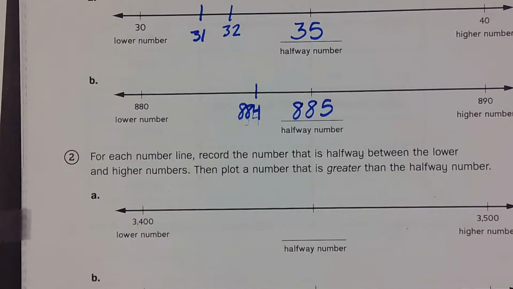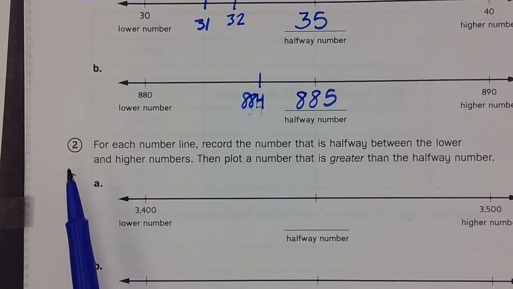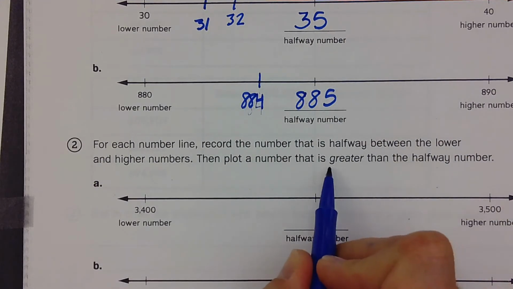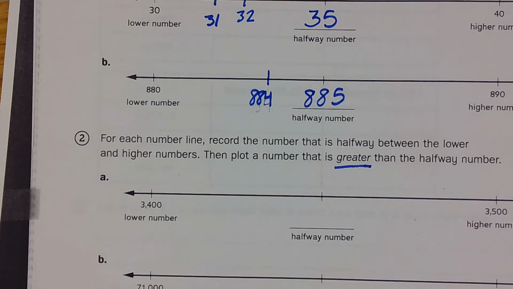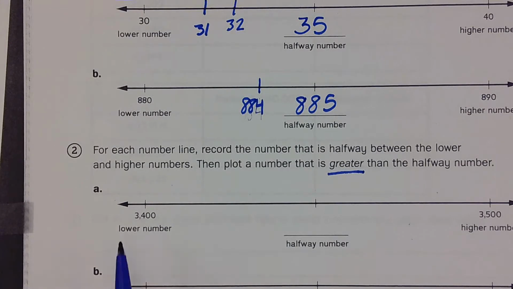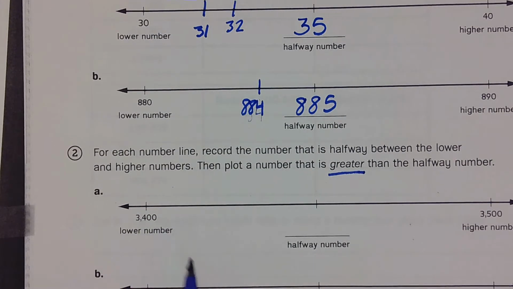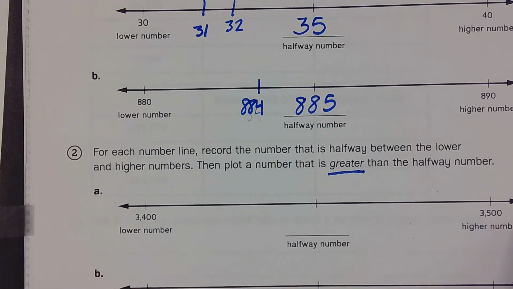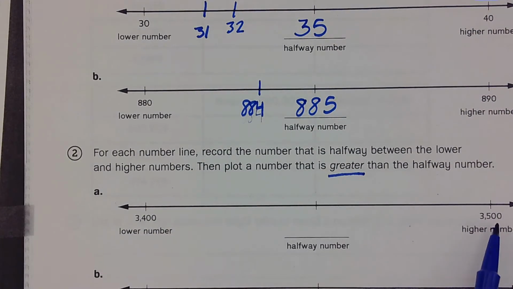All right, so down here for problem number 2, we're going to do the number halfway again, but this time they want us to plot a number that's greater than the halfway number. So we have 3,400, 3,500. From 400 to 500, I know I have to go 100 to get me up there.